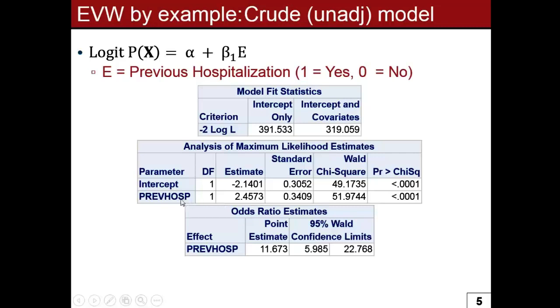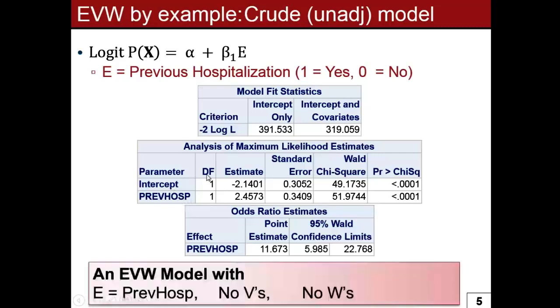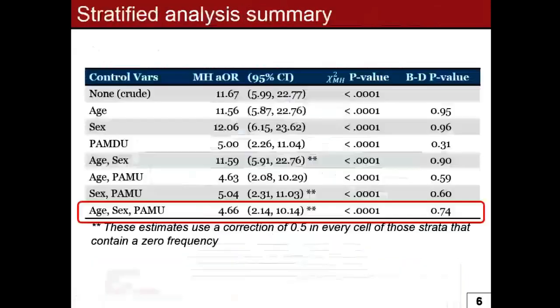The exposure variable is previous hospitalization. So this model has no V's and no W's. Going forward for a number of lectures, we're going to write the models with just E and V and W. We're not even necessarily going to write the variable names here, and that will make for a cleaner look.